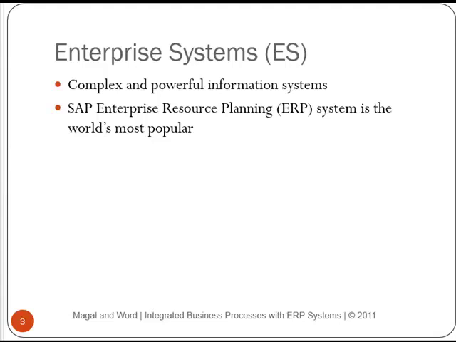Other benefits, of course, are support for multiple currencies and support for multiple languages. So if you are a multinational organization, then you have all of that kind of support for you. One subsidiary can have the whole system in Arabic, another subsidiary can run in German, a third can be in English, a fourth can be in French, and so on.